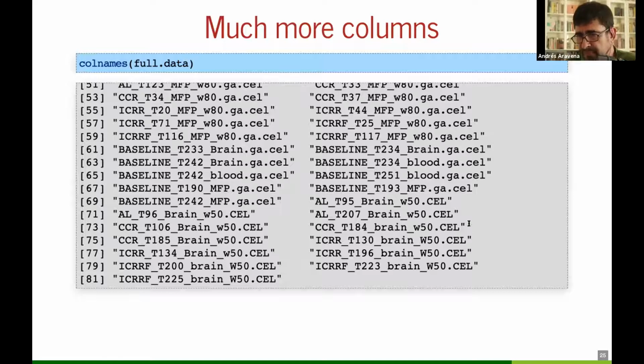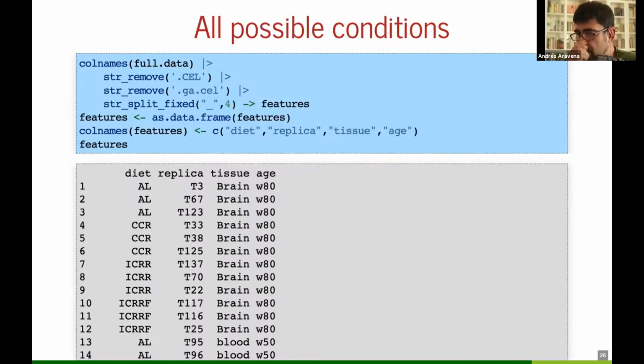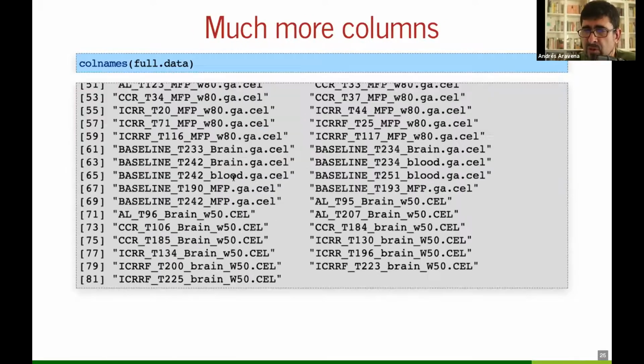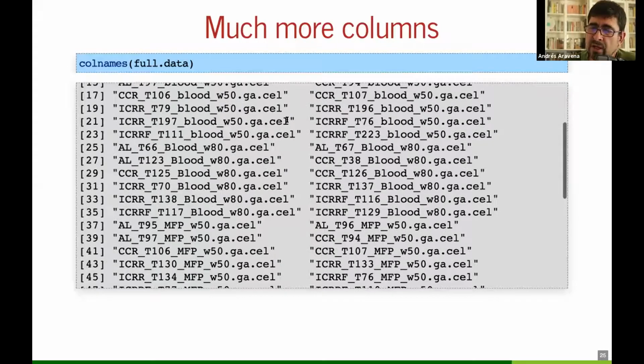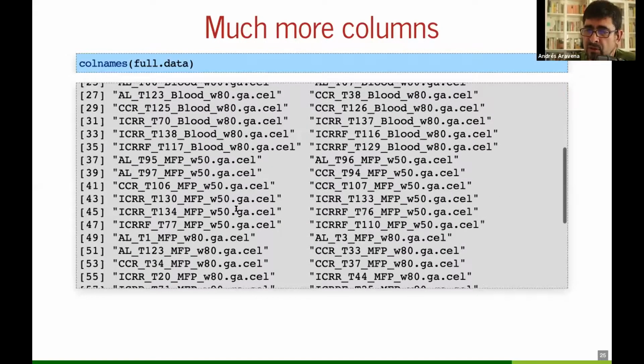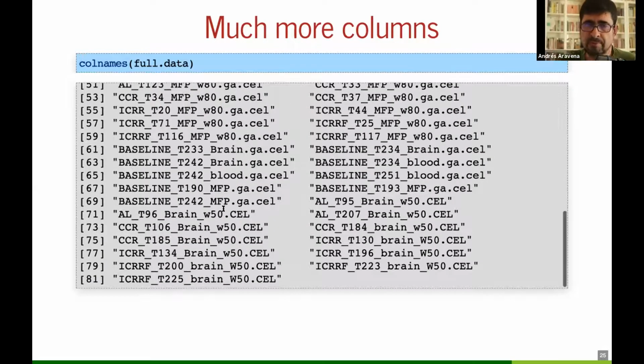Then, with some magic that I wrote here, I essentially separate the names. Let me show you. I noticed that this .ga.cell, or this .cell, was just noise, so I dropped it. Then I separated everything with this underscore.